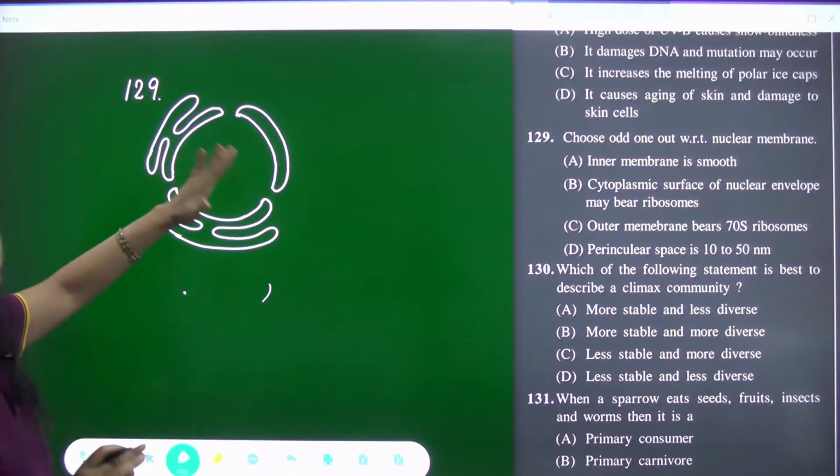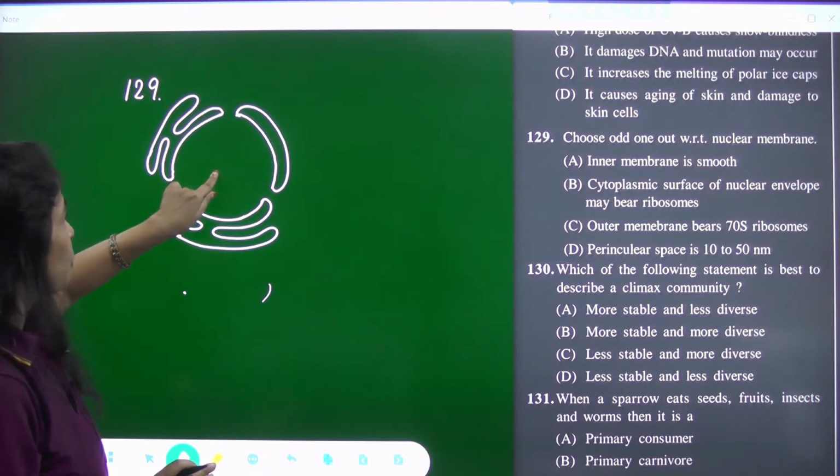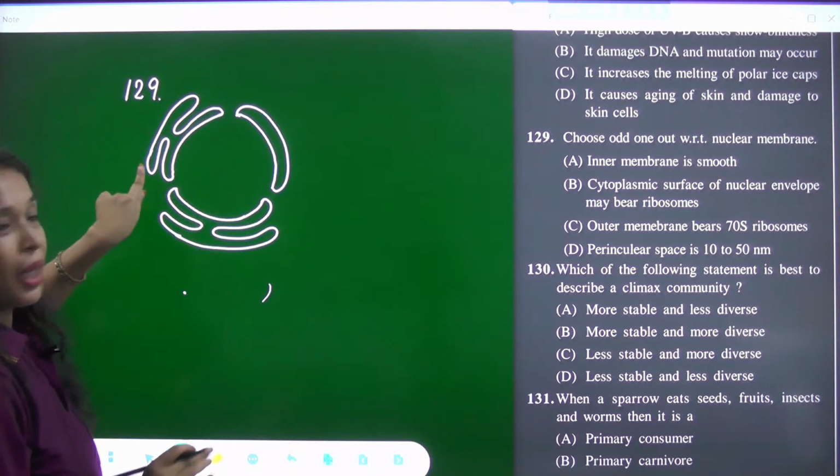So this is the nucleus, let's say, right? It is the nuclear matrix, that is nucleoplasm. It is the nuclear membrane.